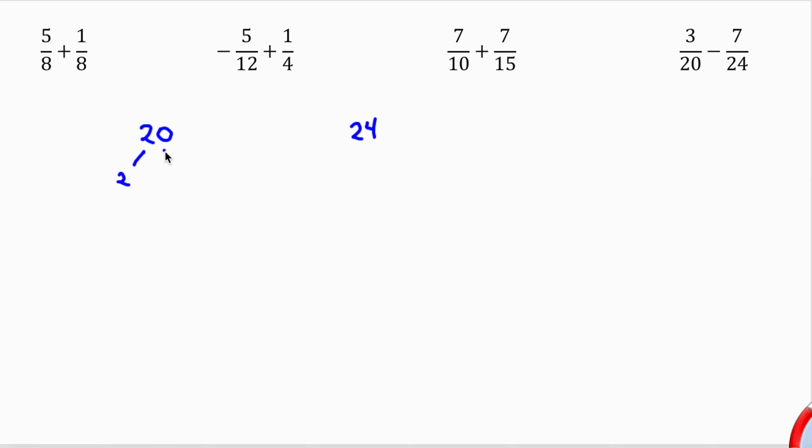Okay, so maybe what? 2 times 10. And 2 times 5. And I get 2 squared times 5 for the prime factorization of 20.